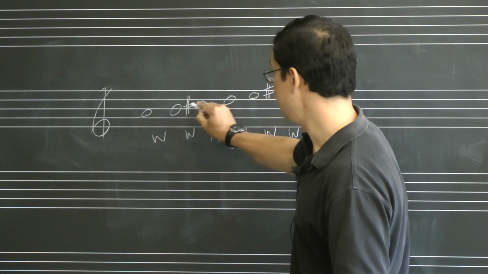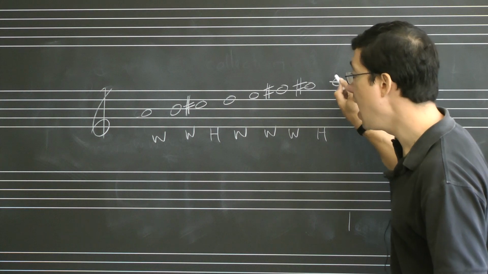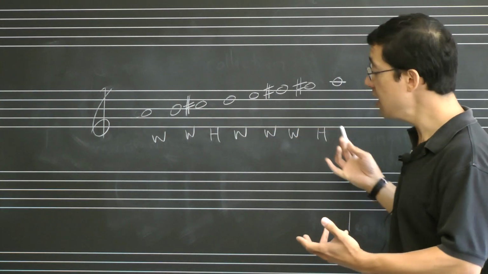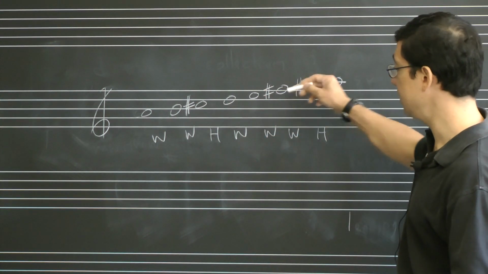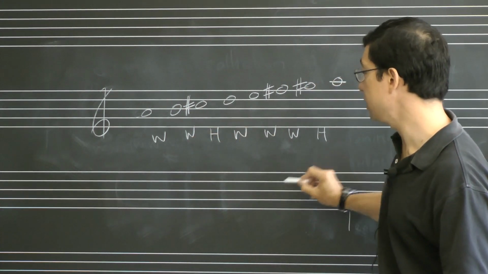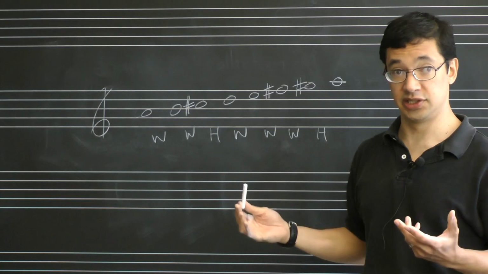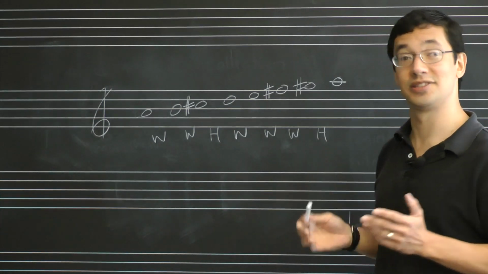So A, B, C sharp, D, E, F sharp, G sharp, A. I can start on just about any note, and just by adding sharps and flats to create the desired pattern, whole, whole, half, whole, whole, whole, half, I can make a major scale starting on any note.